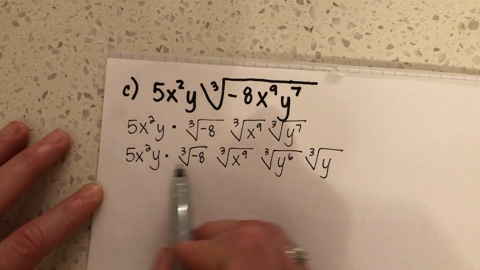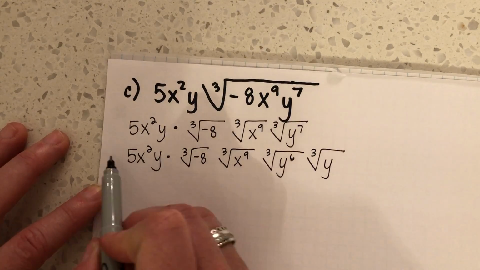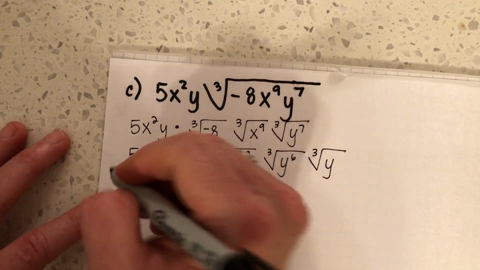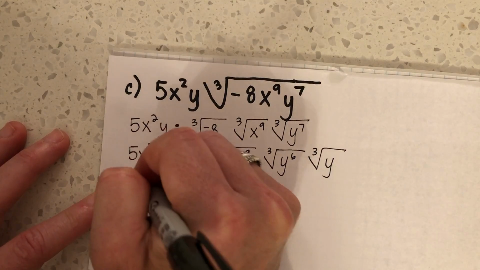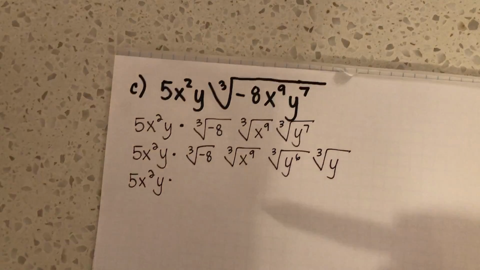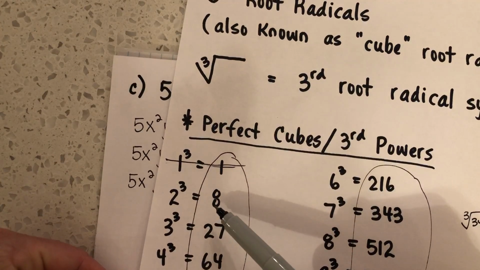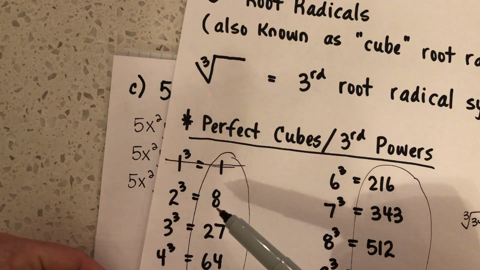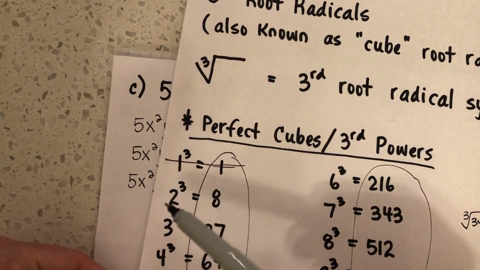All right, now we should go through and remove any of the third root radicals that can go away. So 5x squared y is still waiting, times the third root of negative 8. Well, remember, the third root of 8 is 2. So the third root of negative 8 is negative 2.